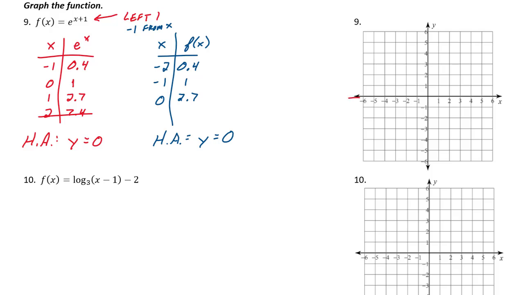I have a horizontal asymptote at y equals 0, so I know I'm not going to cross over the x-axis. I've got my first point at (-2, 0.4), which would just be barely above 0, (-1, 1), and then (0, 2.7), and then the last one, if I wanted to go to it, would have been at (1, 7.4), so it would have been a little bit higher up on the grid.